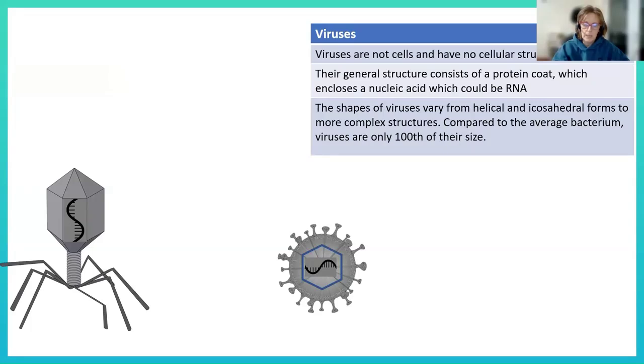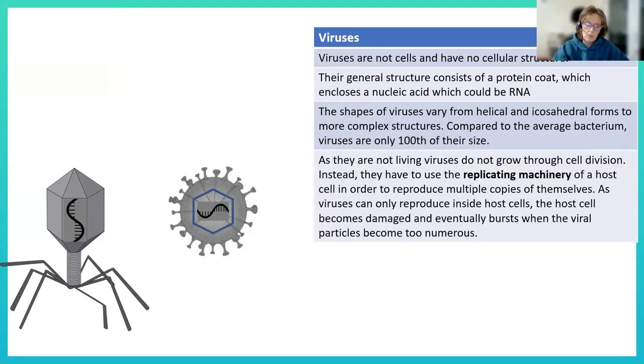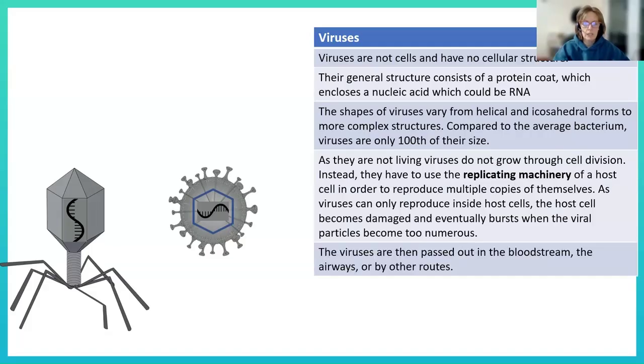We're all really familiar with the one on the right because of the COVID virus. They don't grow on their own. They need to be inside a cell because they can't replicate independently. They need to be inside a host cell. So they need to infect a cell to make multiple copies of themselves. And then they'll cause that cell to burst and spread out.